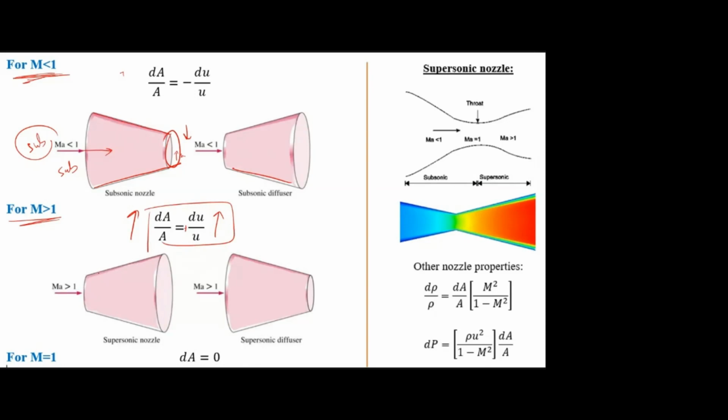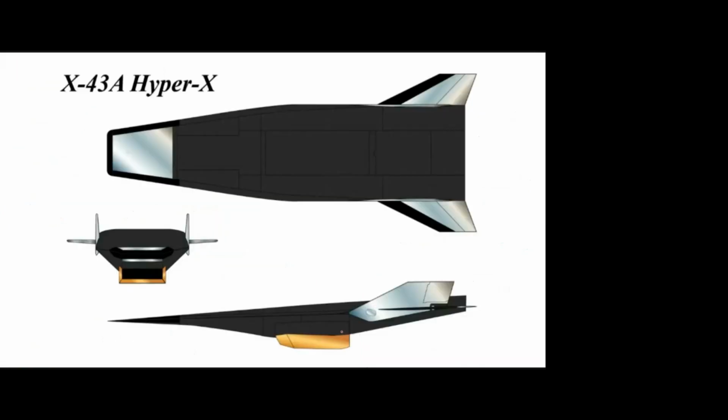That's why in the supersonic duct and all, if you see, we will use divergent as the nozzle. Even in the hypersonic vehicle I have shown, right? Divergent duct. So if you want to accelerate the supersonic flow further, you know what is the engine we are using here for the hypersonic vehicle? Do you remember? Okay.